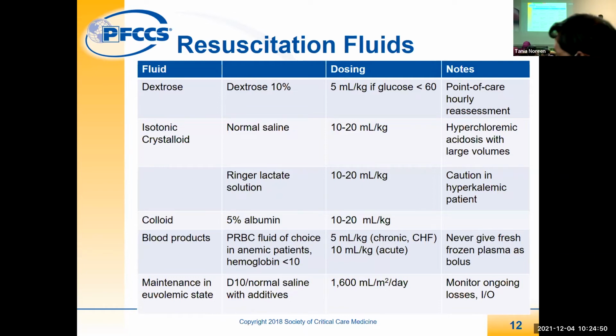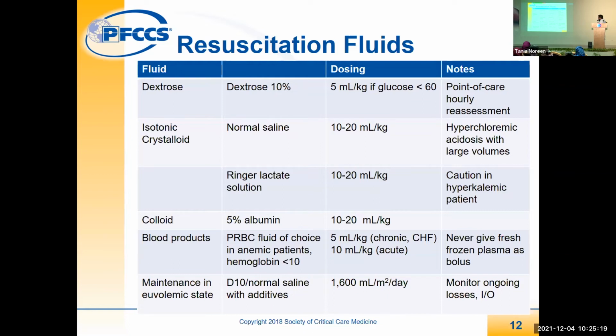Isotonic fluids 10 to 20 mL per kg, but the only concern is hyperchloremic acidosis that can happen if we give large amounts of normal saline. Ringer's is better in that regard. It does not cause that, although there is a small amount of potassium in Ringer's, but still it can cause problems if we need to give large amounts of Ringer's. Colloids 5%, a bit expensive, work as well as the saline and the Ringer's.